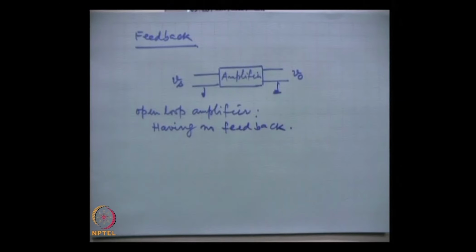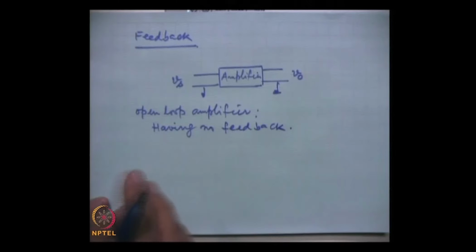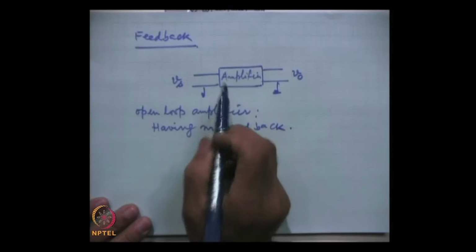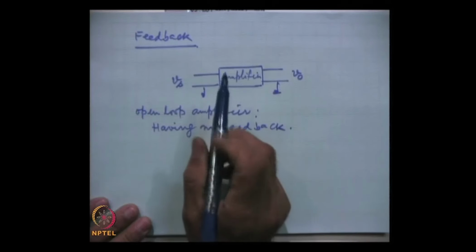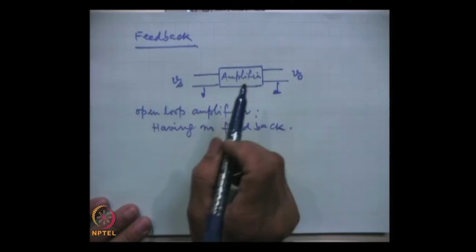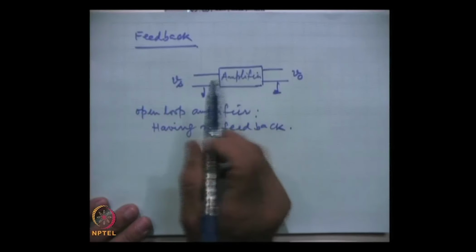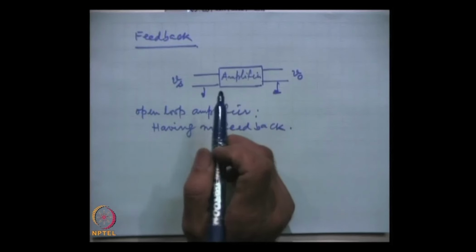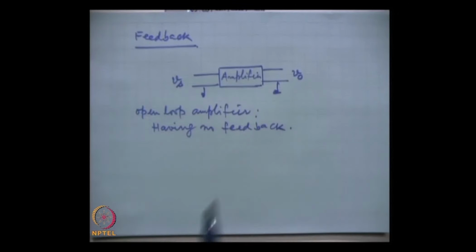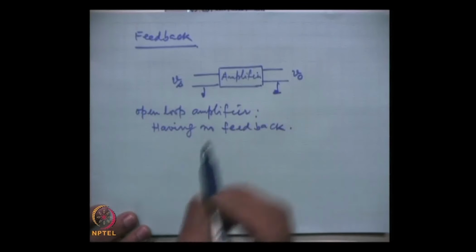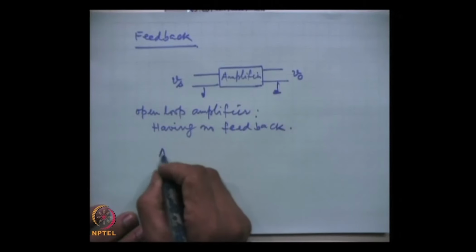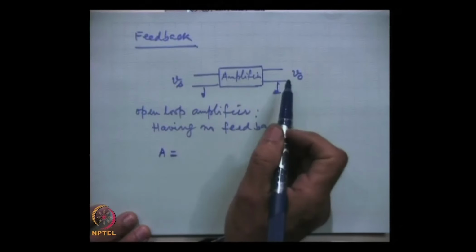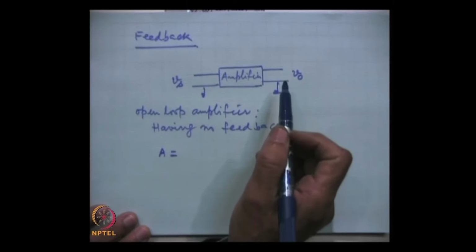Now, let us see that this is not a good circuit, because here the performance will change as the situations which are bound to change will occur, for example, temperature variation, etc. Now, in this circuit the gain, if we take voltages, at the moment we are taking voltages which are very frequently used.